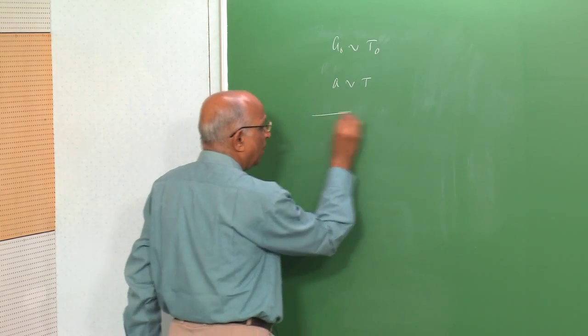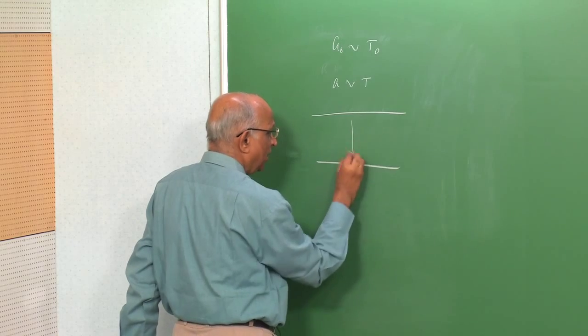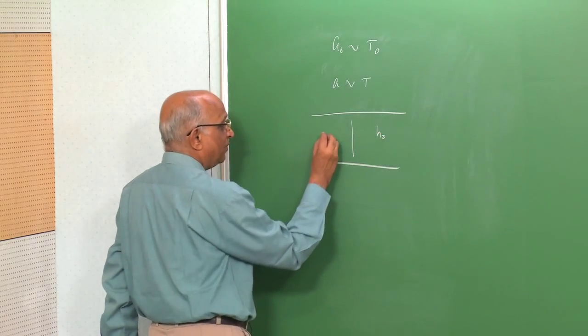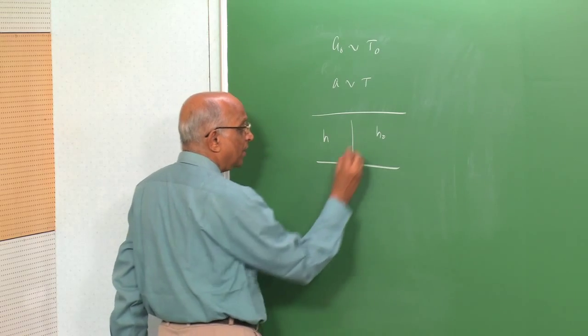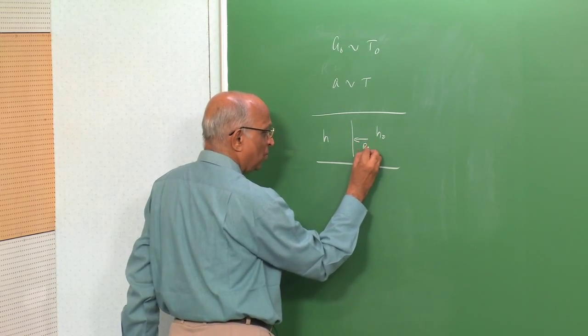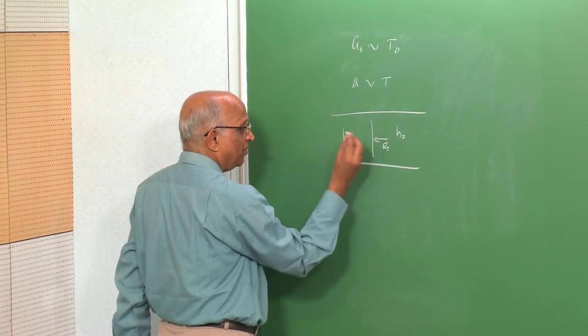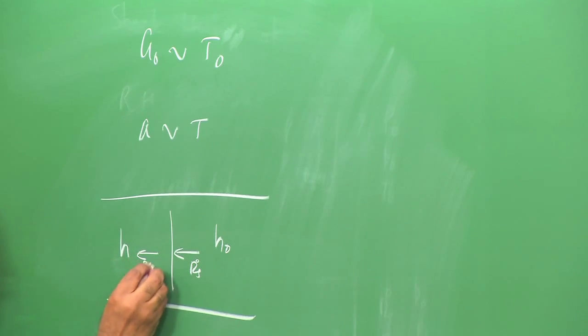I have the shock which is travelling, I have the enthalpy here which was H 0, I have the enthalpy H over here, I have the velocity r s dot with which the gases are moving in the frame of reference of the stationary shock wave, and I have u 1 over here.